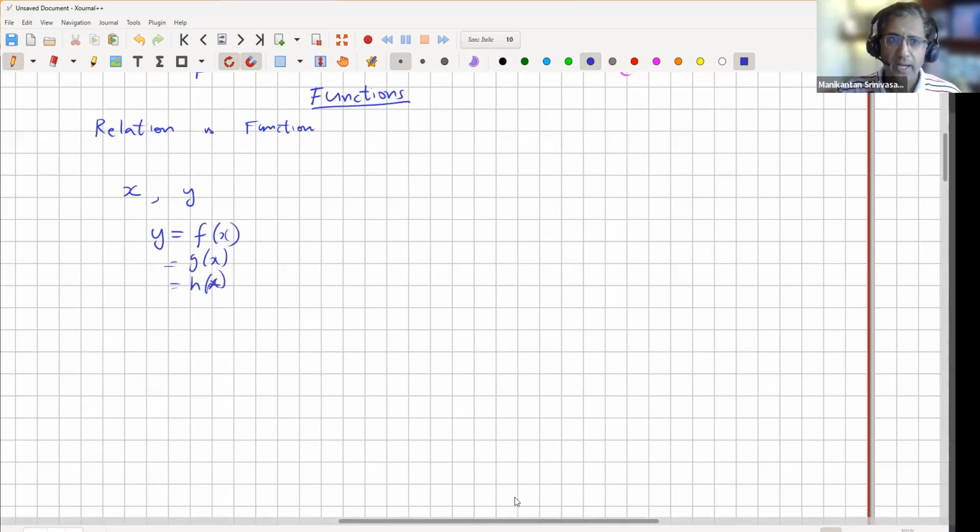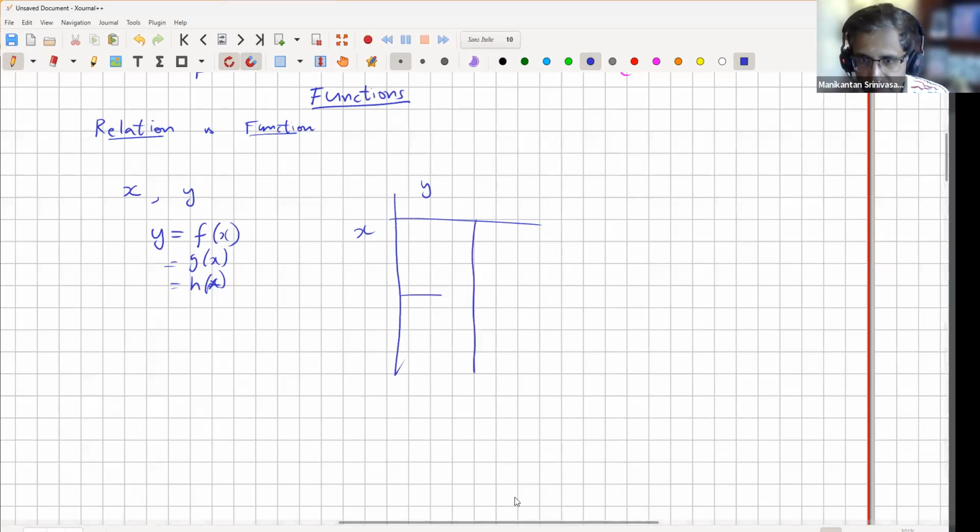Okay, so a relation and a function, right? A relation is where you don't care whether it's one-to-one or one-to-many or many-to-one or many-to-many. All of them are relations. So for example, this is my X and this is my Y. Let's plot a few different types of relations.